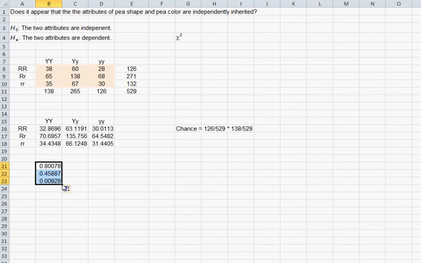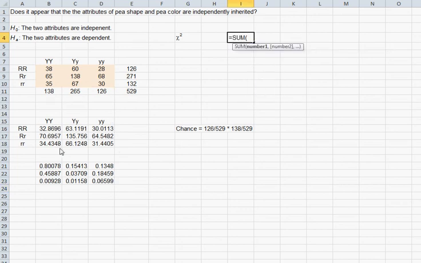Then I repeat this for all 9 entries in the square, so that this last term here is going to be 30 minus 31.4405 squared, all divided by 31.4405. And finally, the chi-squared statistic will be equal to the sum of these 9 numbers, which is 1.857.